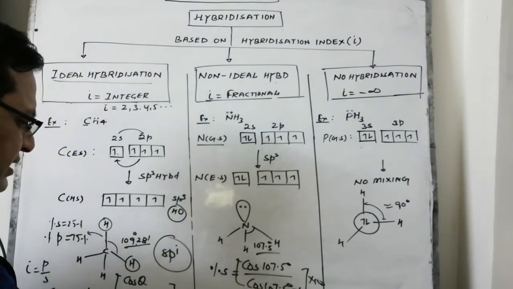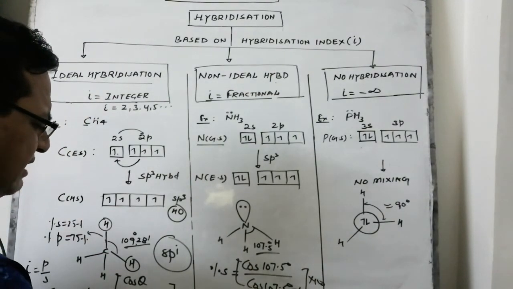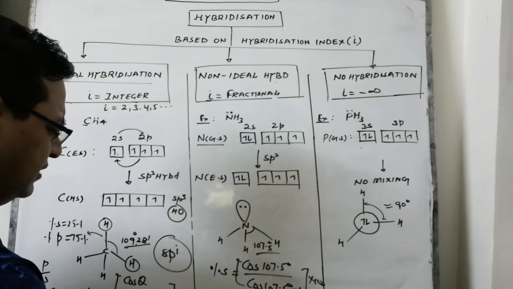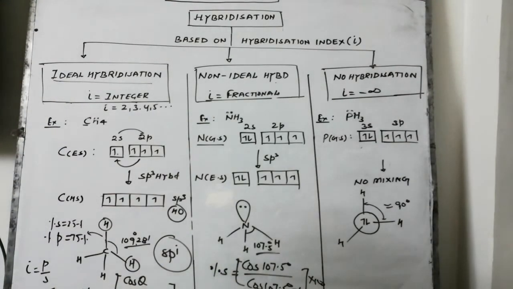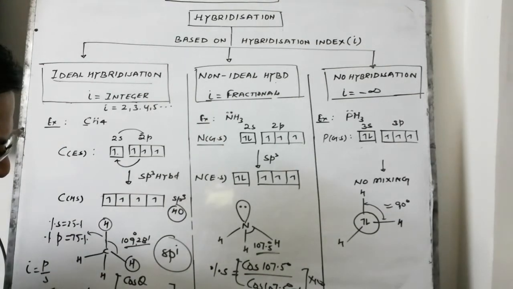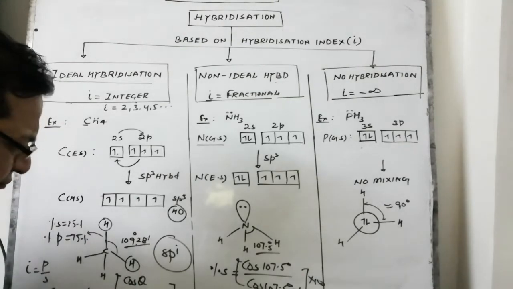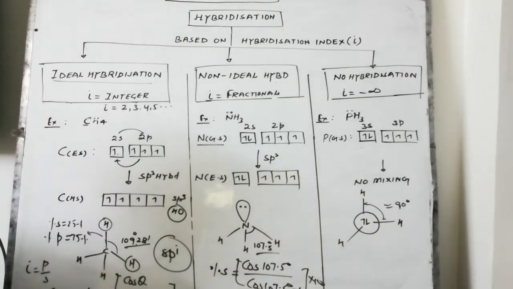If we just calculate, this comes out to be somewhere around 23%. It means to say, if the S character is 23%, then definitely the P character will be somewhere around how much?